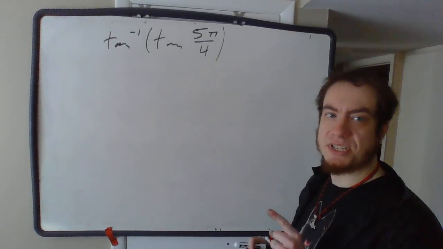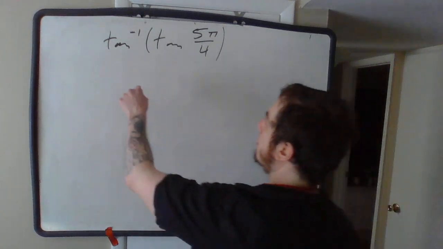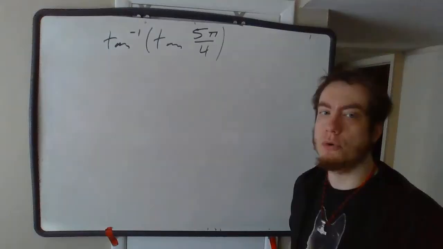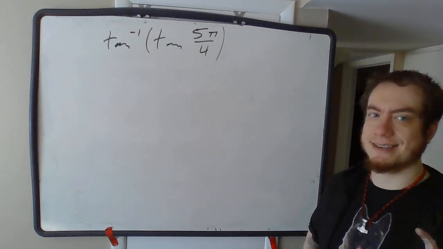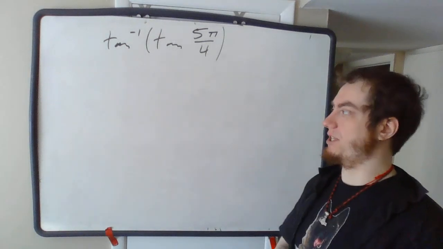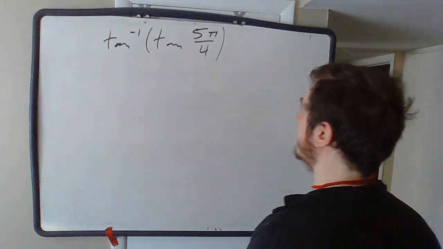I can't just say, oh, this is going to be 5 pi over 4, because remember, this is not a true inverse. If it were a true inverse, then that would work. But it's kind of a cheating inverse. It's really only an inverse if we restrict the domain here.